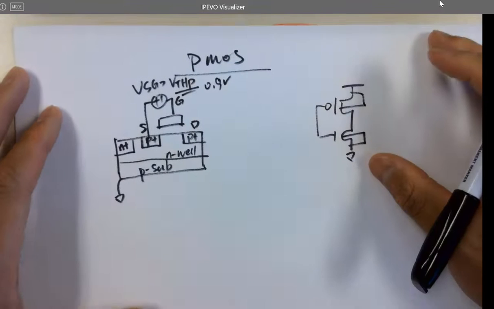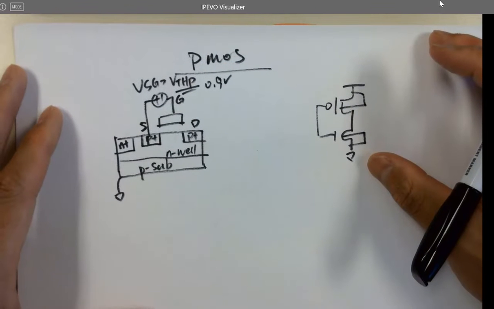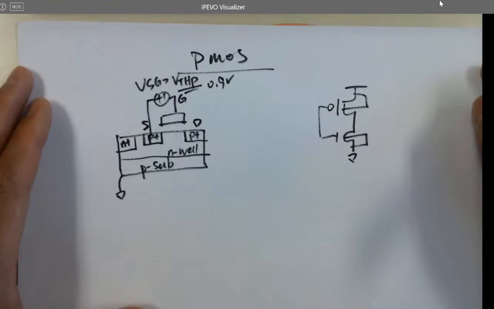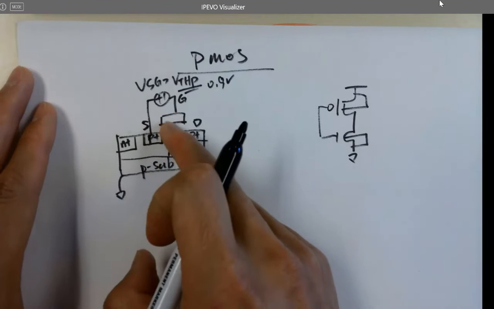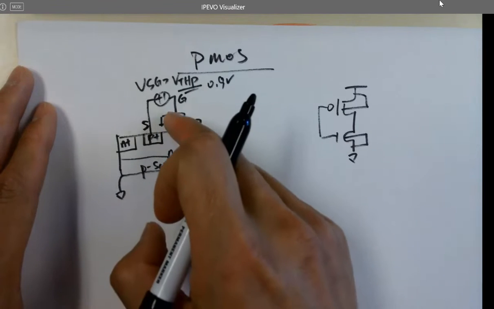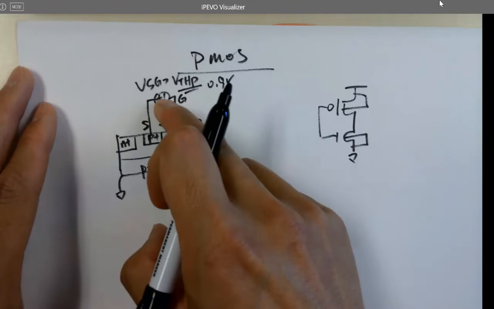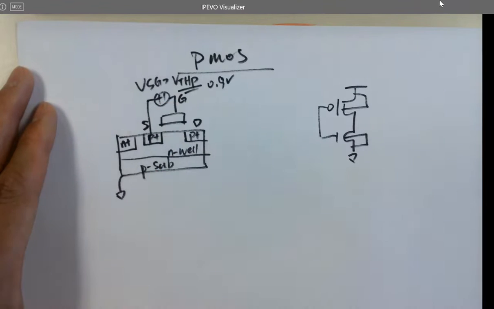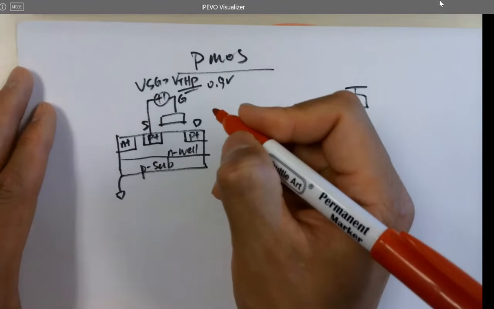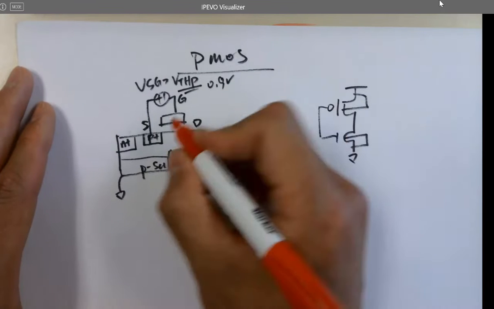Okay. I open it up. How does that work? See the voltage potential compared to the source. The voltage potential at the gate is negative or positive? Negative. So it's going to attract what? The channel. Holes.